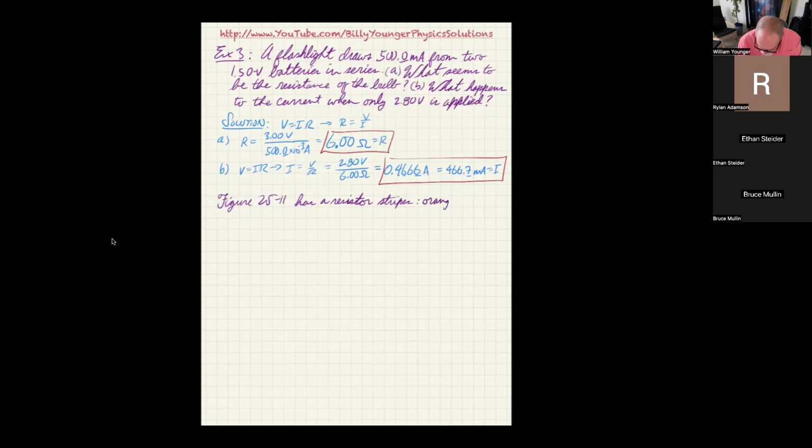What is its resistance? So I'm looking in the table from the book.